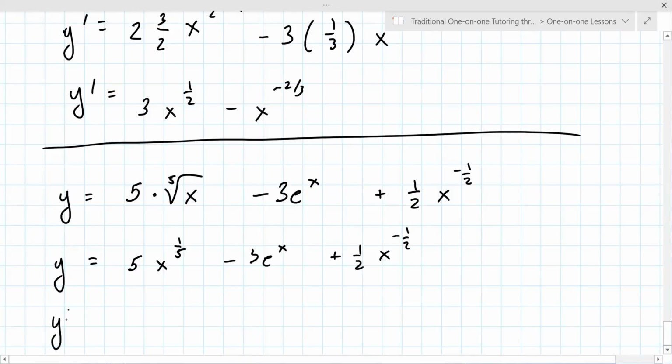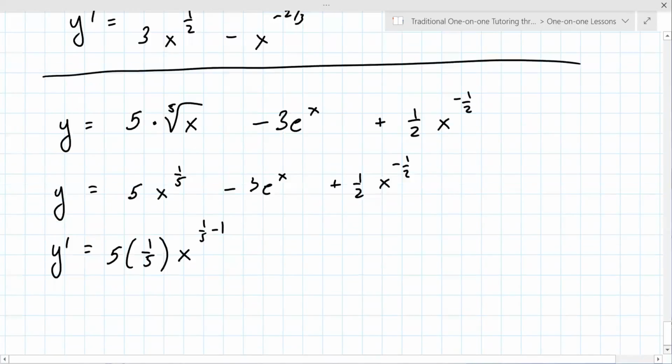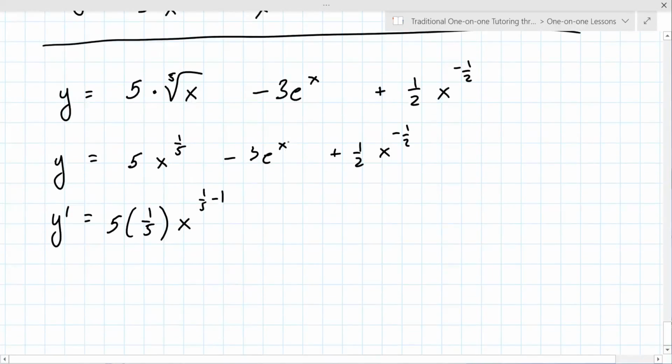Okay, so the derivative, yeah, 5 times 1/5 x to the 1/5 minus 1. Now, do you remember what the derivative of e to the x is? It's itself. Yeah, it's e to the x. So it's that one where you just rewrite it as is.